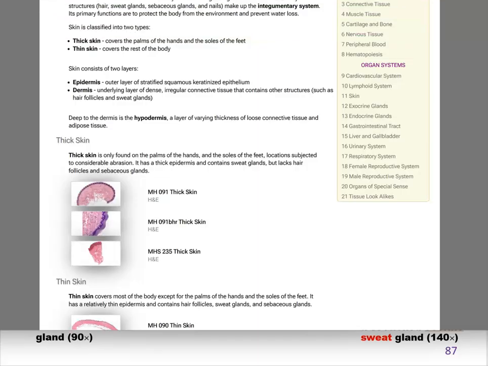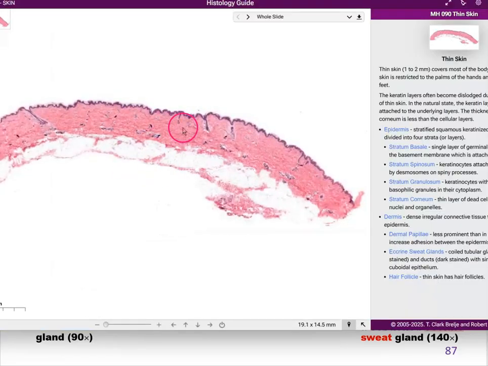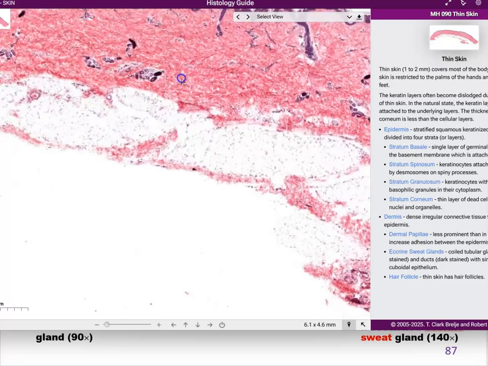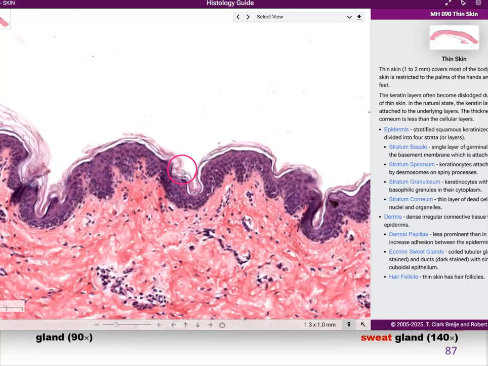Let's look at thin skin. Okay, let's look at thin skin. Thin skin. So, not much to see in the epidermis. A thin stratum granulosum, no stratum lucidum, very thin stratum granulosum, and then a very thin keratinized layer.